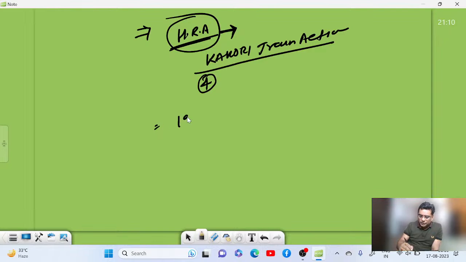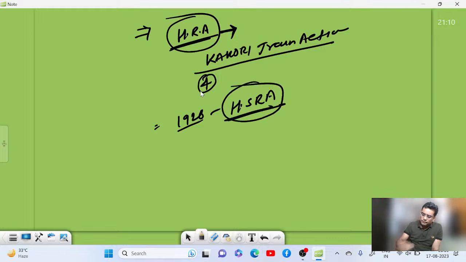Then again in 1928, now this is the action of Bhagat Singh, HSRA, Hindustan Socialist Republican Association. And then you'll find that Bhagat Singh threw a bomb in the Central Assembly. He killed Saunders in Lahore.